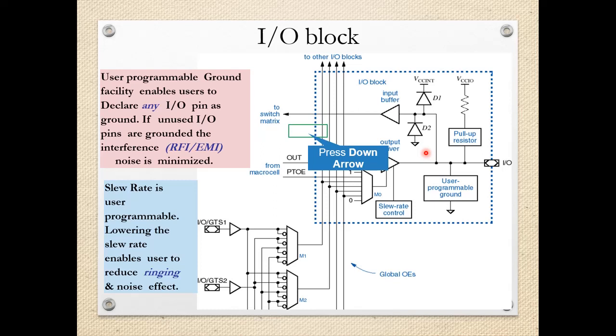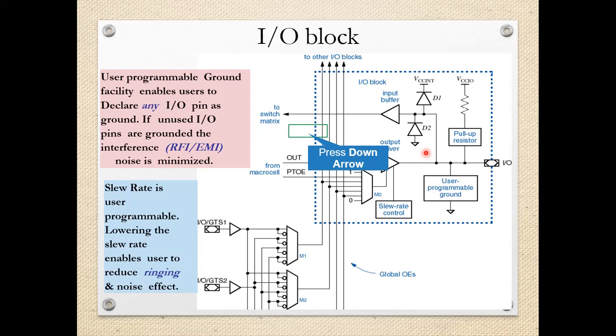For this IO pin, you can see the pull-up resistor facility is available, or the user programmable ground is also available. Inside the chip itself, we have that grounding facility. Through the program, we can ground the pin, and we can use this particular IO as an input or an output. If it is configured as an input, then the signal will be taken through this input buffer and go to the internal switch matrix.